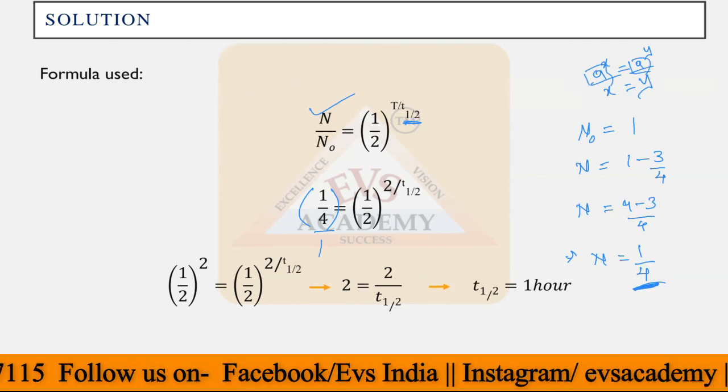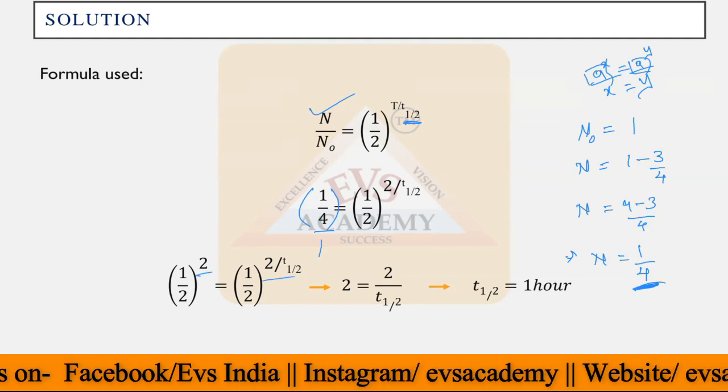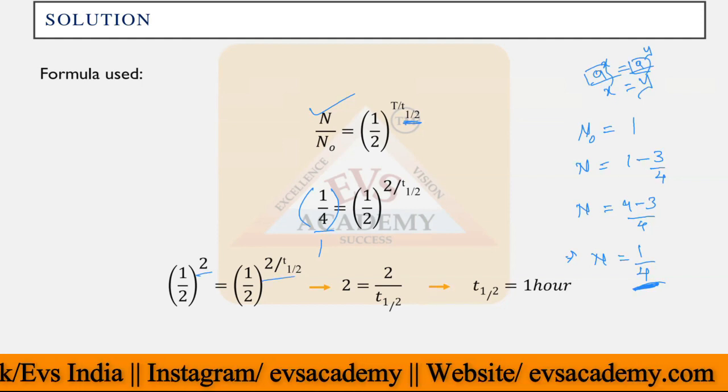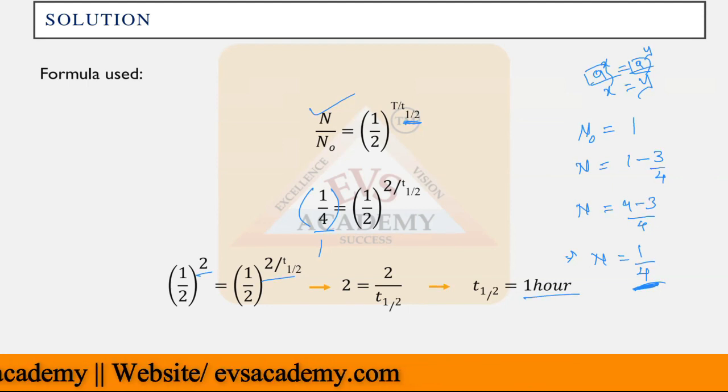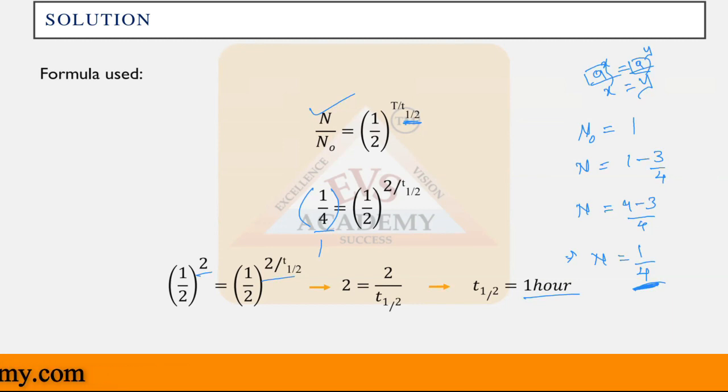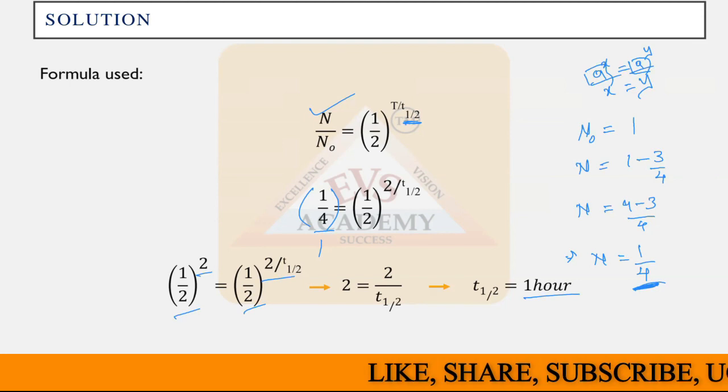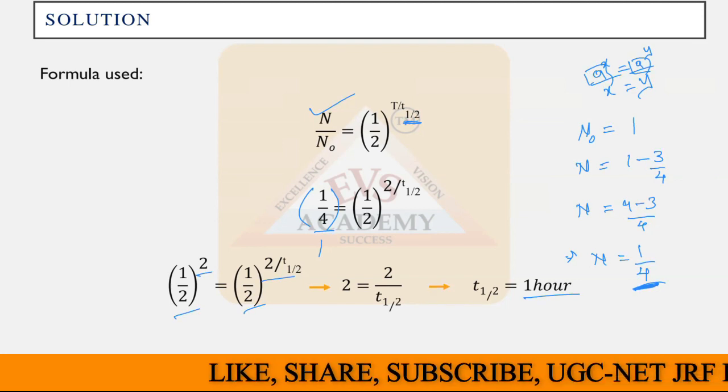So here, 2 is equal to 2 divided by T half. This T half will go to this side, and 2 and 2 get cancelled. The answer would be 1 hour here. So the concept you have to be ready about in this question is, if the bases are equal in both cases, the powers will also be equal.